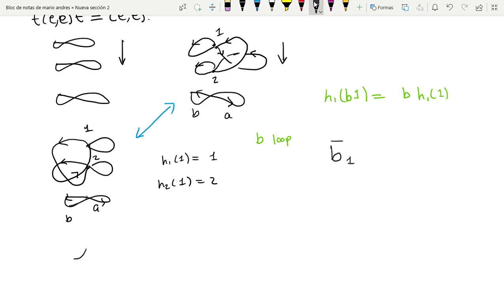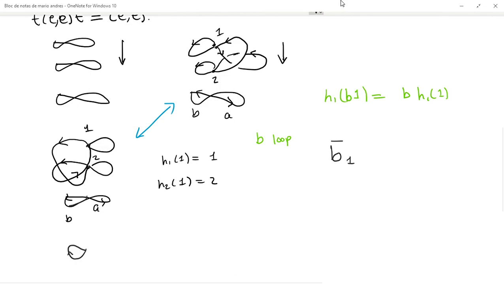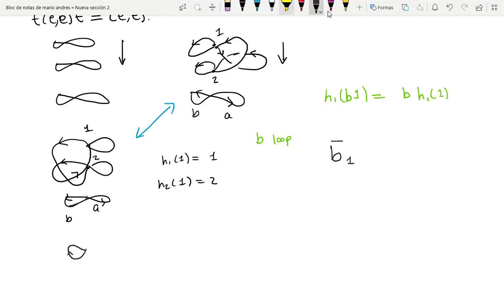So this is this loop, right? So which is the lift that we are going to use? Well, let's see. It needs to be this one, right? This one, from down to up, okay?